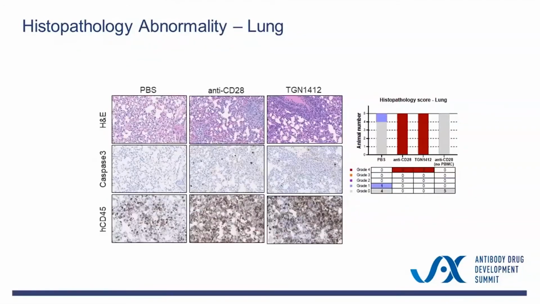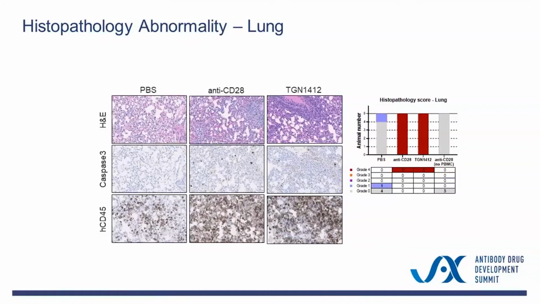This is the lung. We have PBS, anti-CD28, and TGN1412. Then we have H&E staining, below that caspase-3, and below that the human CD45s. From the H&E staining and the staining for human CD45 cells, you can see there's a huge amount of infiltration of human immune cells in these mouse lungs.